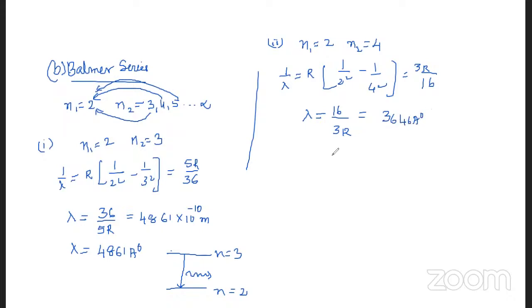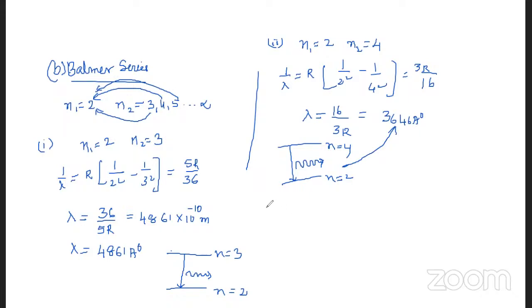In this case, the electron is jumping from n equals 4 to n equals 2. Whenever it jumps like this, it radiates energy, what we call light, which has a wavelength of 3646 angstroms.